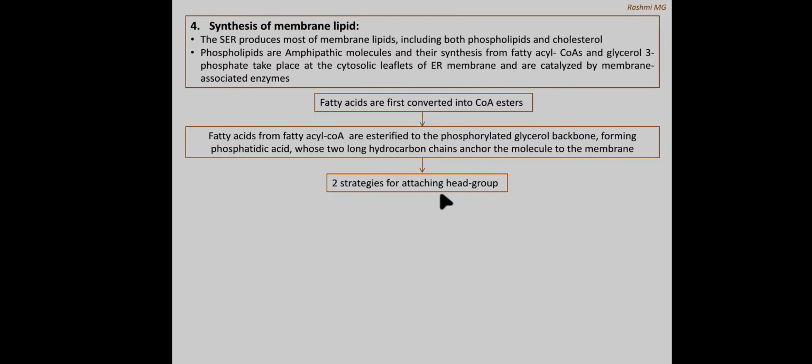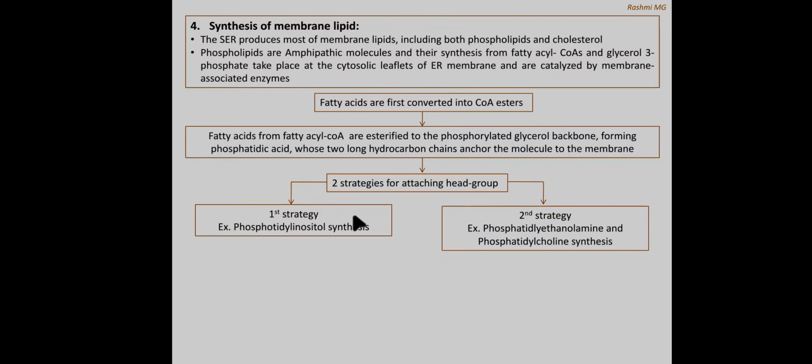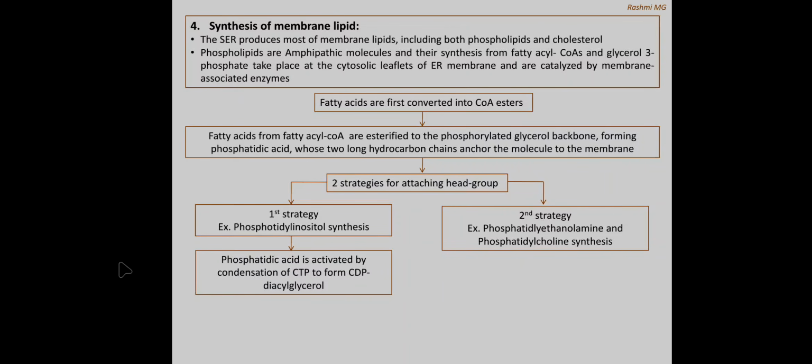Next, there are 2 strategies for attaching the head group. The first strategy, we can give the example of phosphatidyl inositol synthesis. The second strategy, we can give the example of phosphatidyl ethanolamine and phosphatidyl choline synthesis.